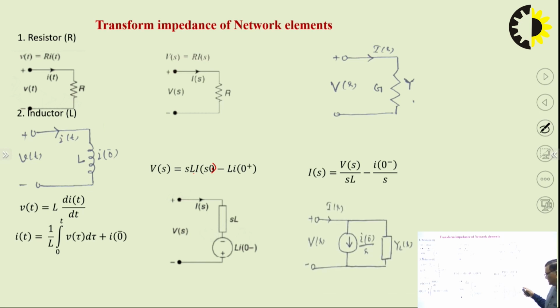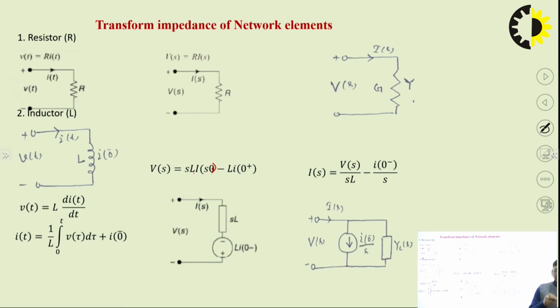For this current equation we can have the circuit diagram. You can check here, if you apply Kirchhoff's current law, I(s) is equal to I0 minus upon s plus V(s) by sL. If you take the admittance it will be 1 by sL, otherwise the impedance sL. So similarly, we can have two types of configuration for an inductor in the S domain.